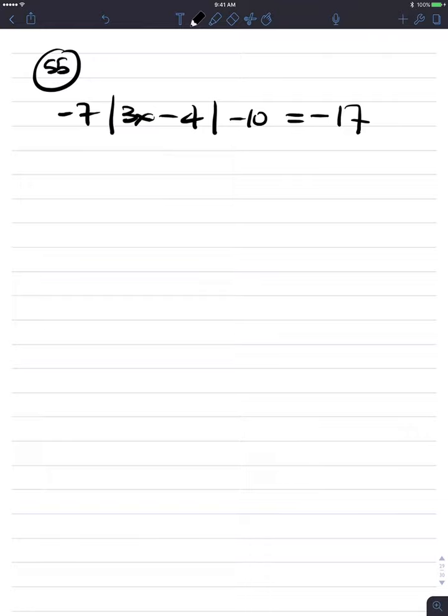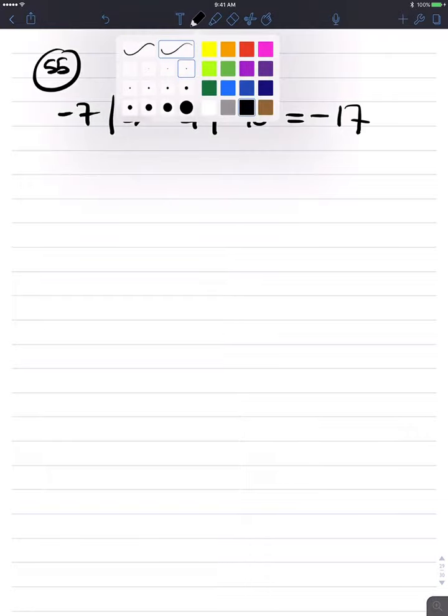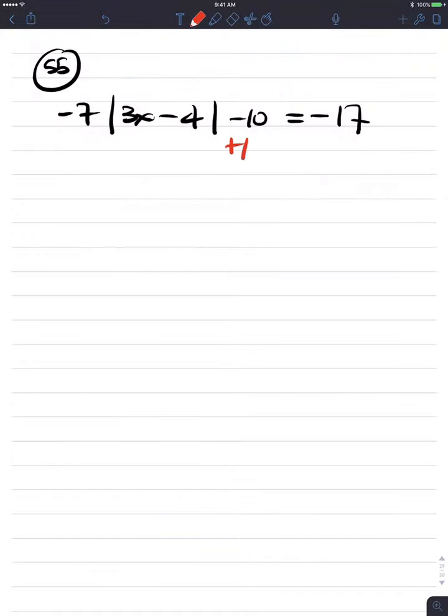This is 55. We have negative 7, absolute value, 3x minus 4, minus 10 is negative 17. I'm going to solve for the absolute value. We're going to add 10 to both sides.